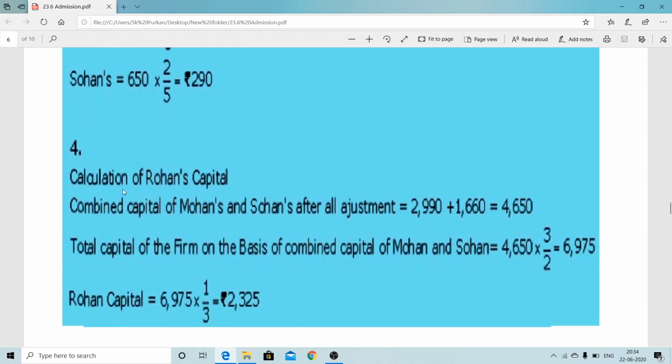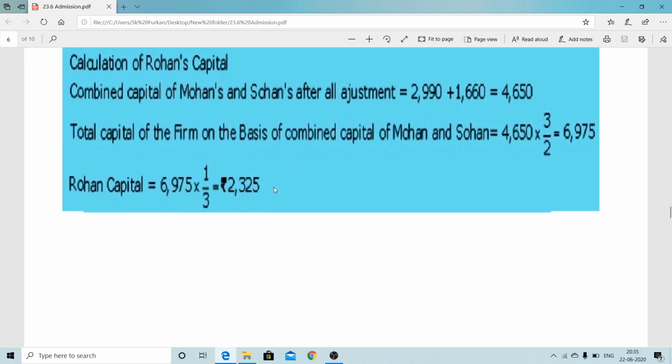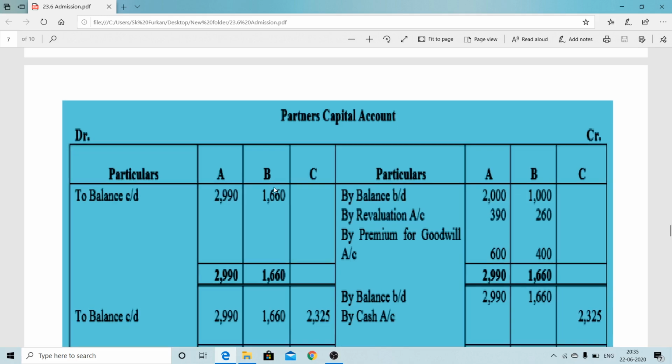Now the calculation of the new partner's capital. Before calculating, we can see the partners' capital ledger. Here in the partners' capital ledger, the opening balance provided is A 2000, B 1000. This is the revaluation profit, which will come on the credit side: by revaluation, A 390 and B 260.